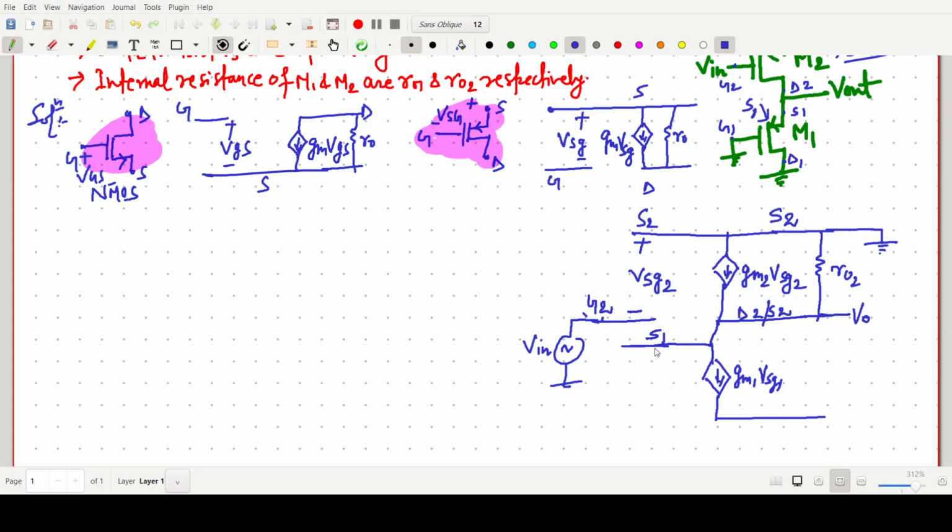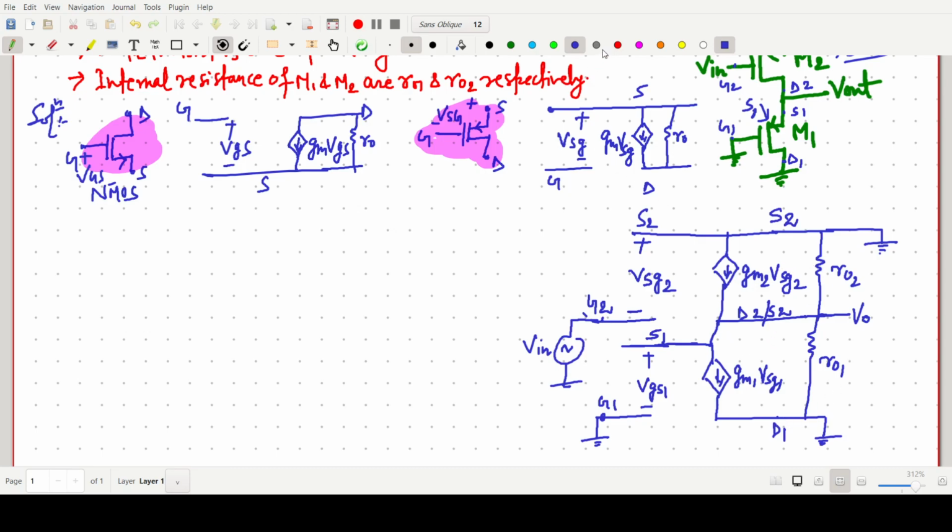One more gate terminal is there, that is our G1, which is grounded, so make it grounded, and this voltage is simply VGS1. This one is our gate 1, and this one is D1, and there will be an R0 resistance connected to ground. So this one is the picture.